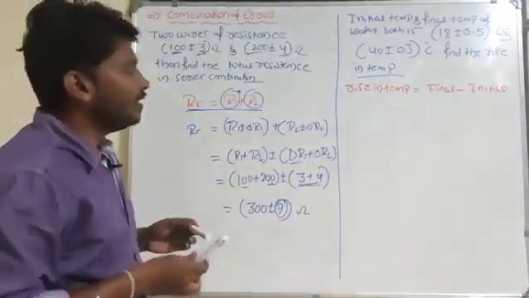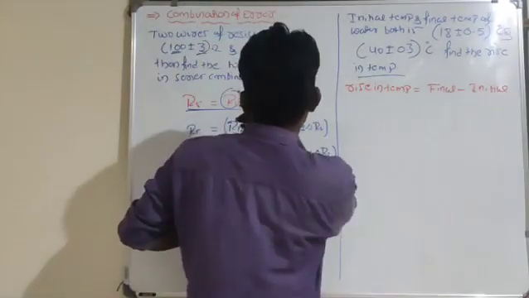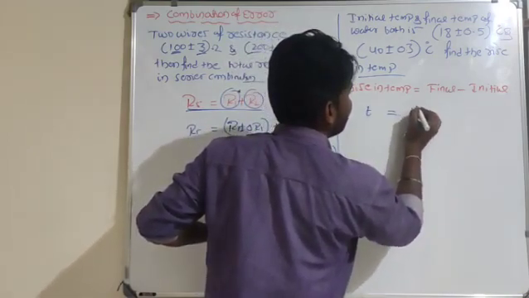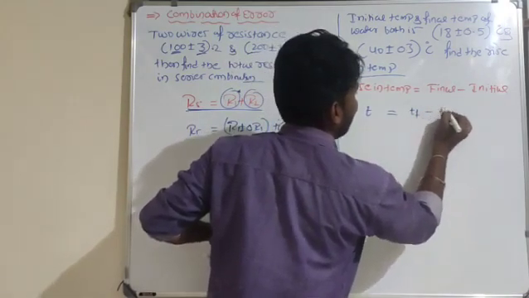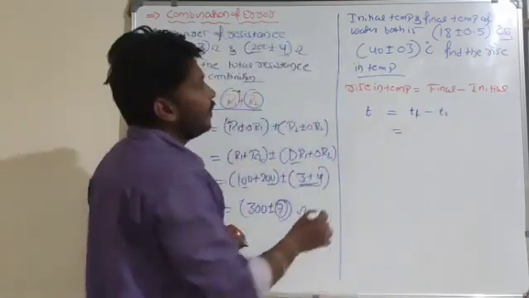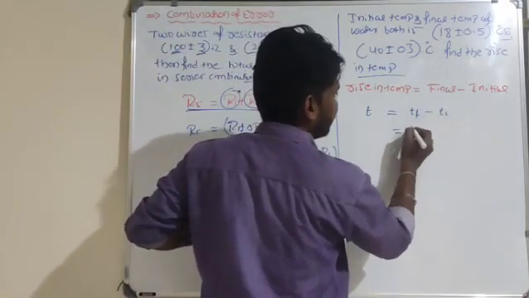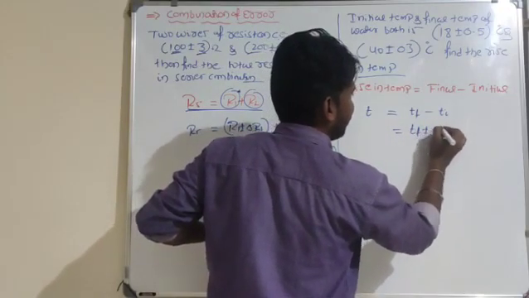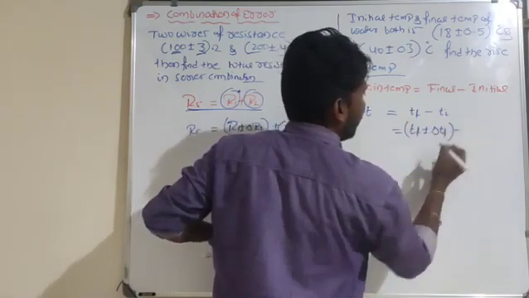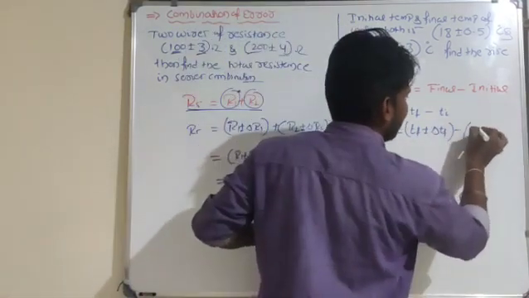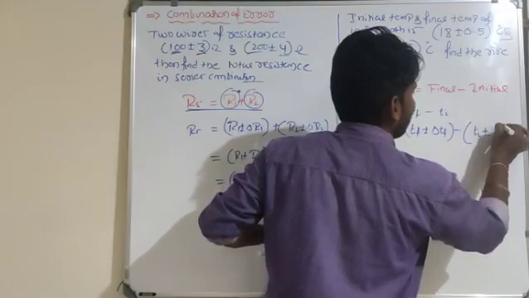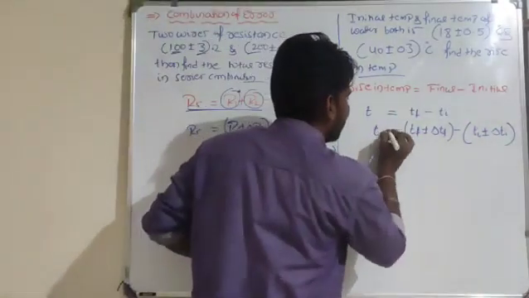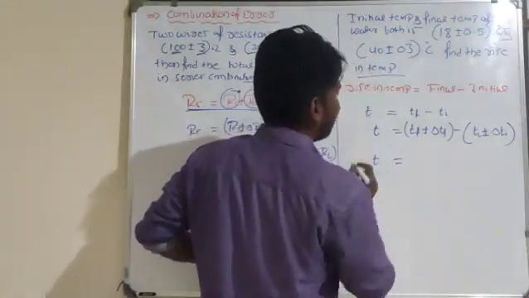So to find the rise in temperature, for example, T is equal to the final temperature, which I can consider as T_F, and the initial temperature is T_I. In terms of error, I can consider T_F plus or minus delta T_F, minus T_I plus or minus delta T_I.